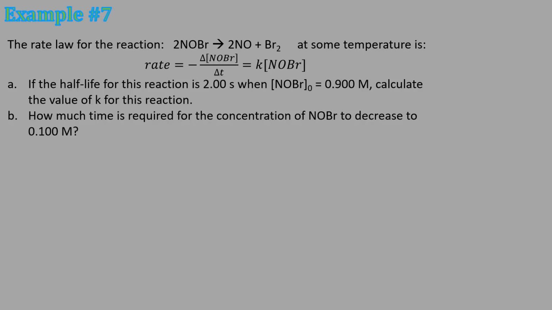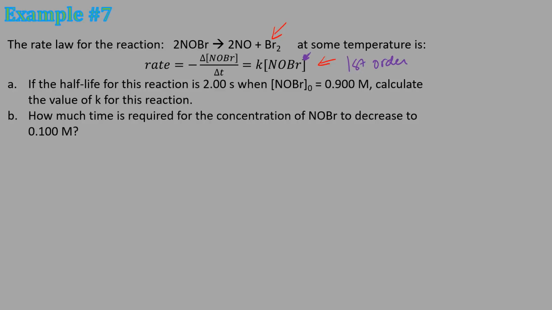It says the rate law for the reaction of this is this. If the half-life of the reaction is 2 seconds, when NOBr is 0.9, calculate the value of K. And then how much time is required for the concentration to decrease to 0.1? So if I look right here, that means that it's first order because there's no exponent, so the exponent can only be 1.